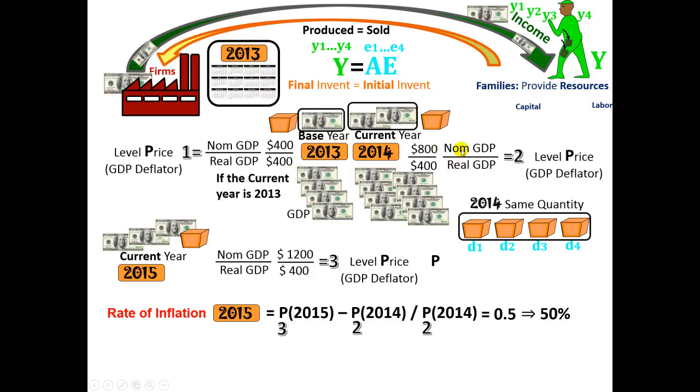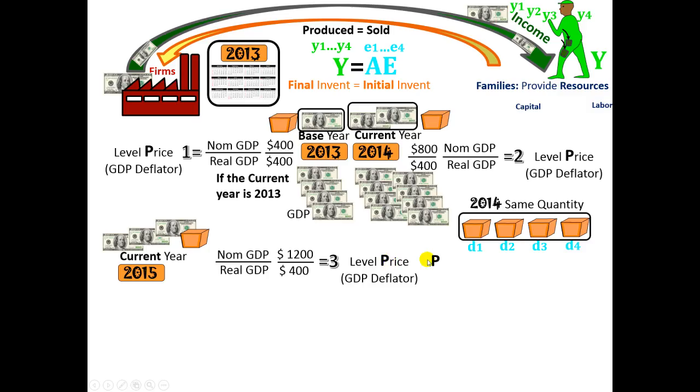So basically nominal GDP is the GDP calculated with the current prices, so it is affected by inflation, whereas real GDP is calculated with the base year, so it's not affected by inflation. So the price level, denoted by P, is nominal GDP divided by real GDP.